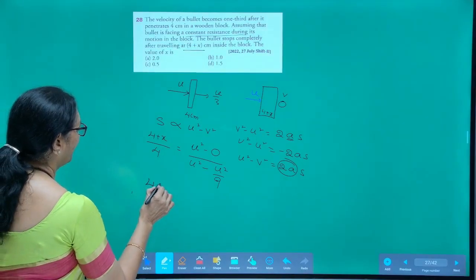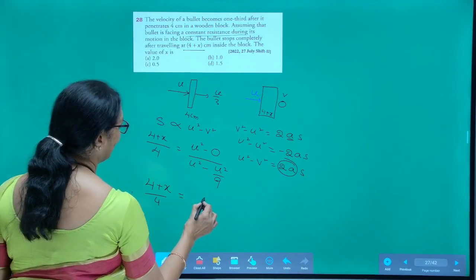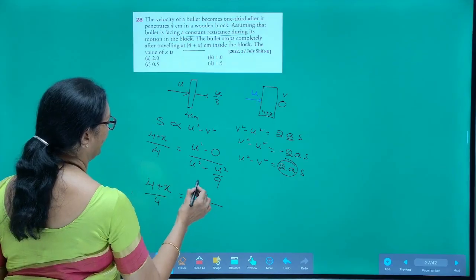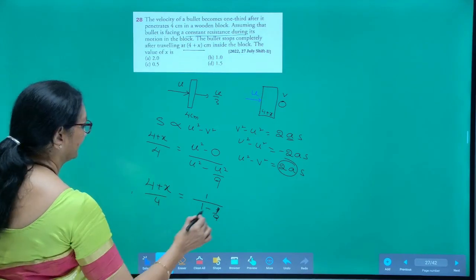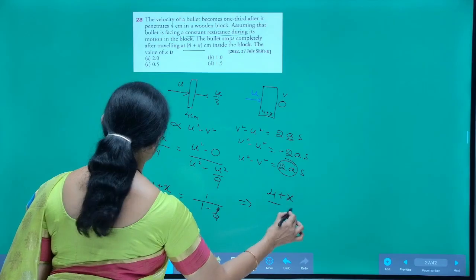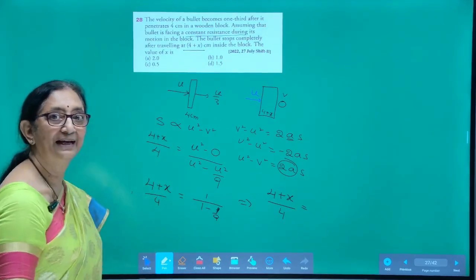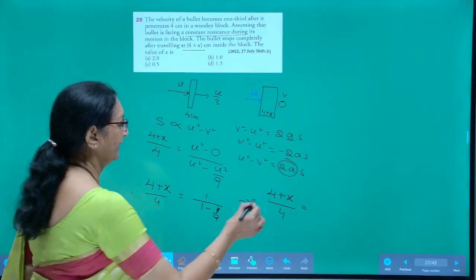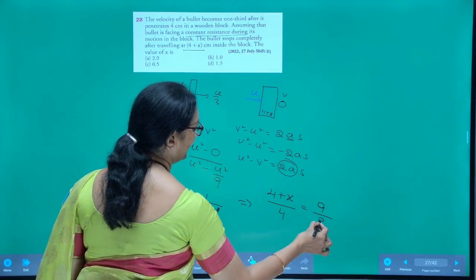So, 4 plus x by 4 is equal to, you can take that u square as a common factor, 1 minus 1 by 9. This implies 4 plus x by 4 is 1 minus 1 by 9, which is 8 by 9. So, in the denominator it is 8 by 9, 9 goes up.